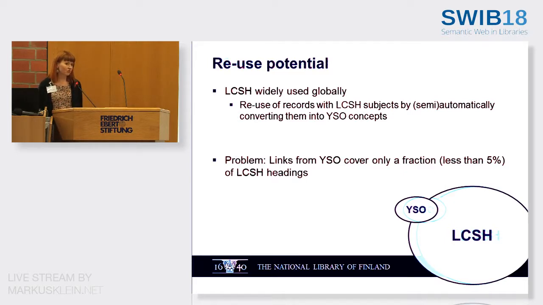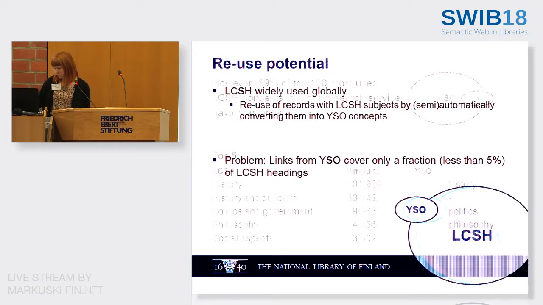But there is a problem of size. We have 30,000 concepts. LCSH has, I think, 340 maybe thousand headings. So with our 44% mapping rate, we can only get a fraction of the whole LCSH. It's less than 5%.